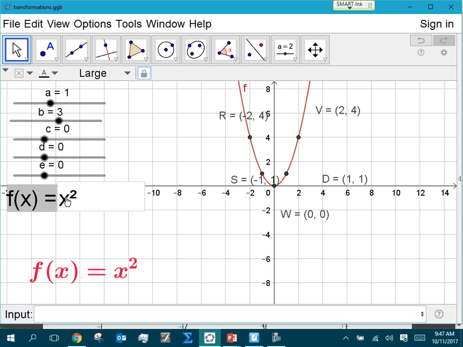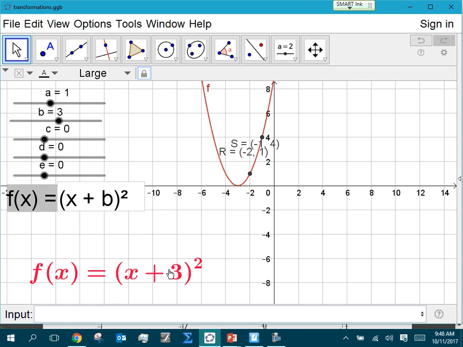But now, if I write it so that I add a number to x before I square it, it should end up getting me something like this. Does that make sense? You're adding 3 to x before you square something. So what's happening is that you are altering just the x values.